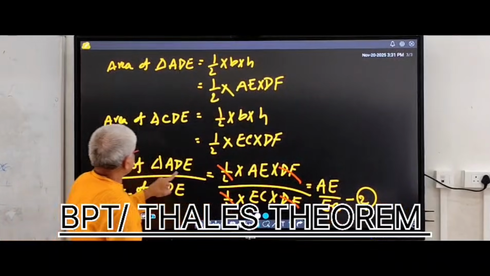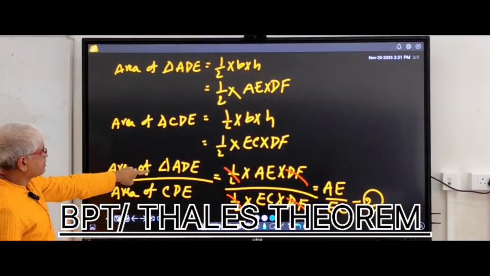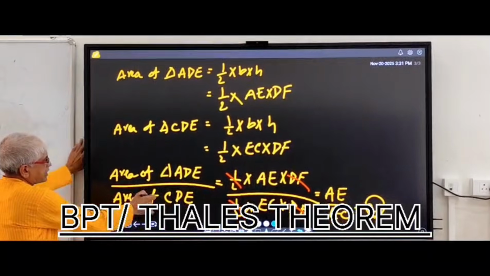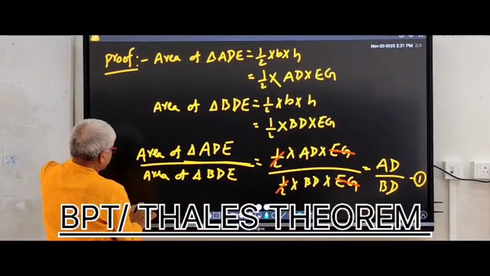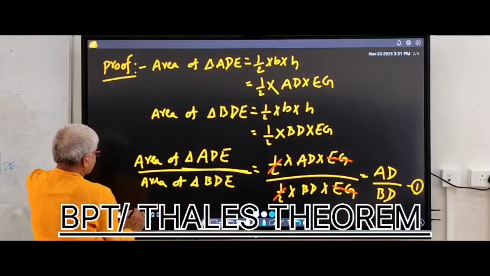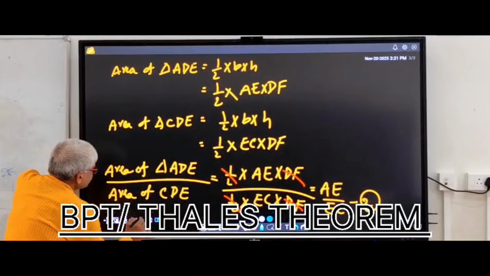AE by EC, the LHS, is area of triangle ADE. So on both sides the numerator is the same, ADE, but the denominator is different: here BDE, here CDE. Now what shall we do?